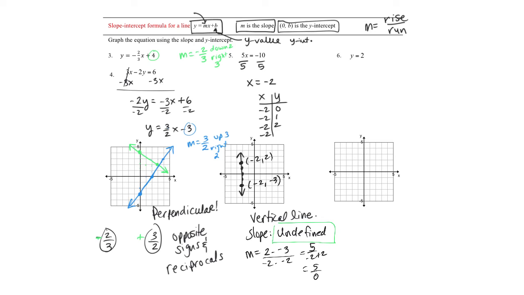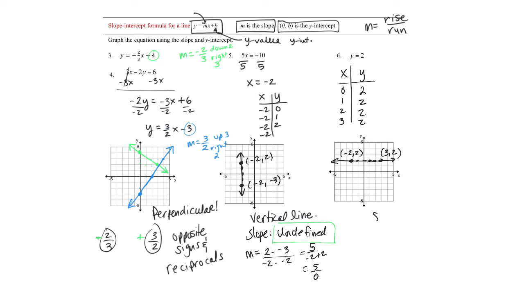Okay, let's look at another example where y equals 2. If I was making an xy chart for this, y is always 2. It doesn't matter what x values you put in there, y is 2. Okay, so there we go. If we're looking at some points, maybe I'll take -2, 2, and 3, 2.